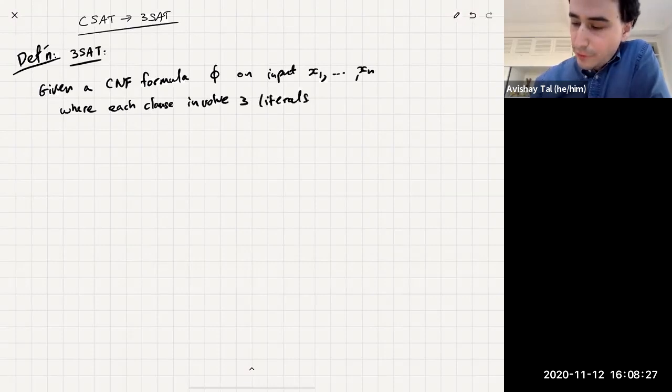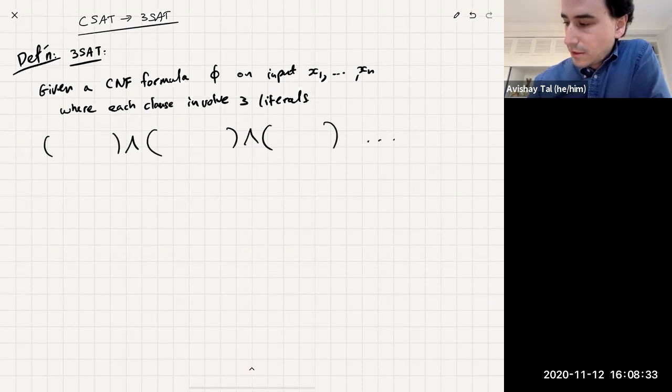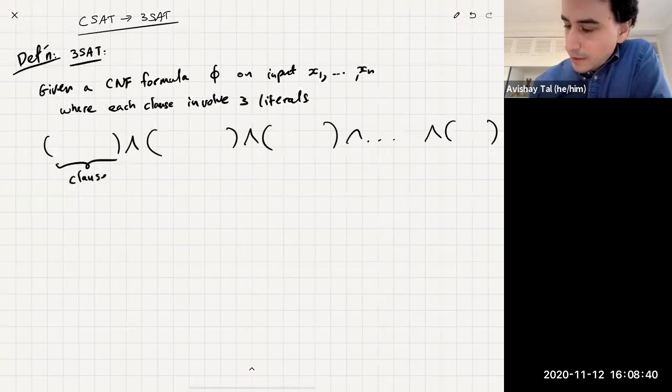Okay, so what do I mean by that? So what is a CNF formula? It's like an AND of ORs. Okay, so it looks like that, and inside, each one of those is called a clause. And each clause has some variables or their negation. So let's say here it's like x1 or x7 or x15.